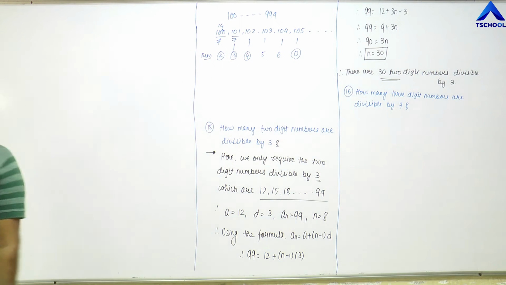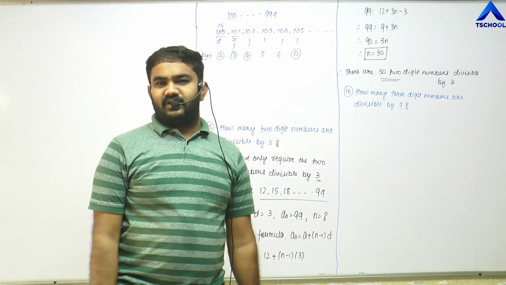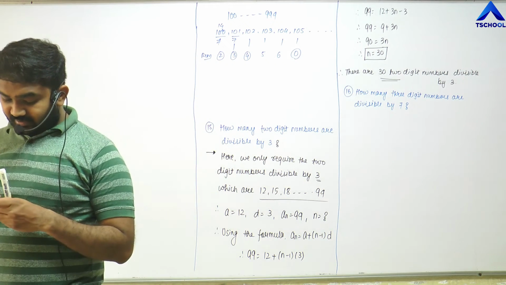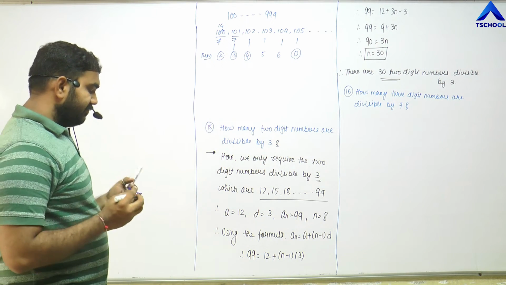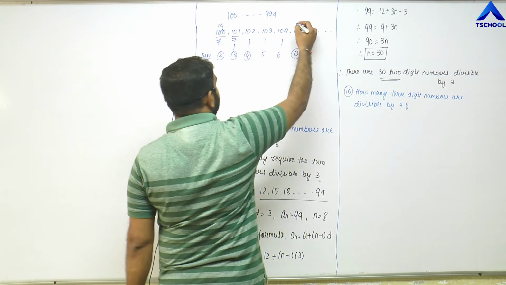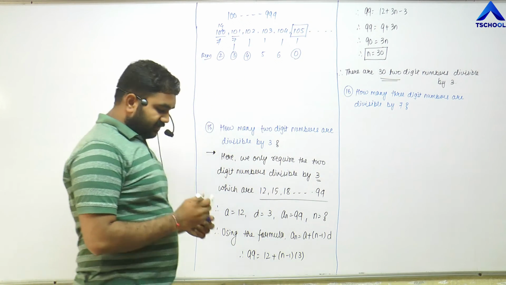See friends, this will not give me 7 as remainder because the remainder is always less than the divisor 7. So we get 0 as the remainder. So we got our first term which is divisible by 7, right?